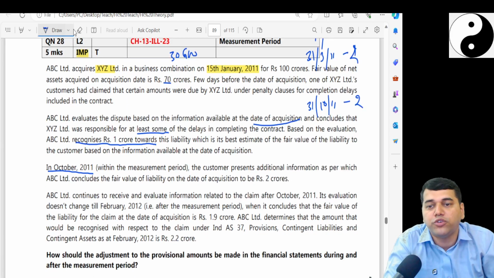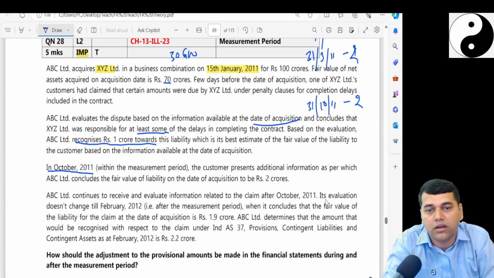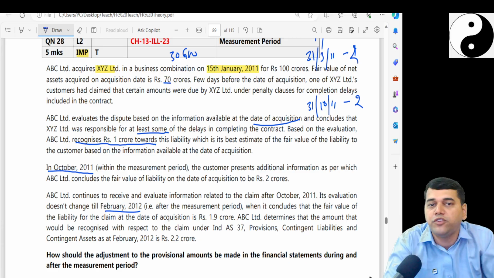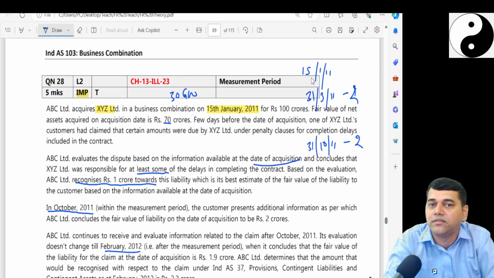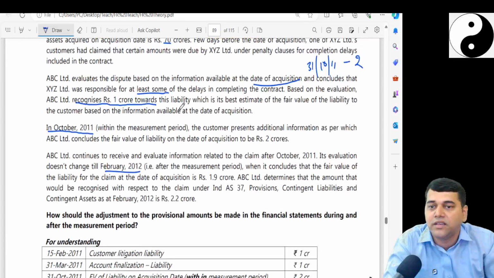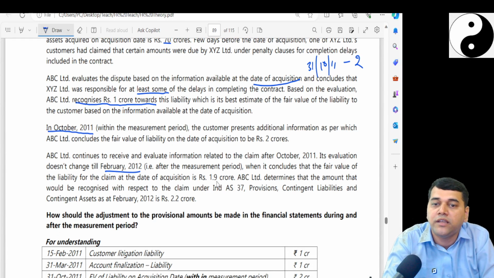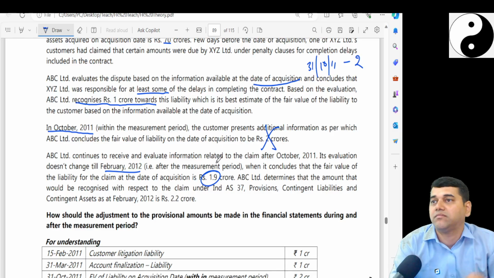ABC continues to receive information after October also. Its evaluation does not change till February. So in February you have finished your measurement period; 15th January was the last. After the measurement period, it came to know that the fair value of the liability was not 2, it was 1.9.